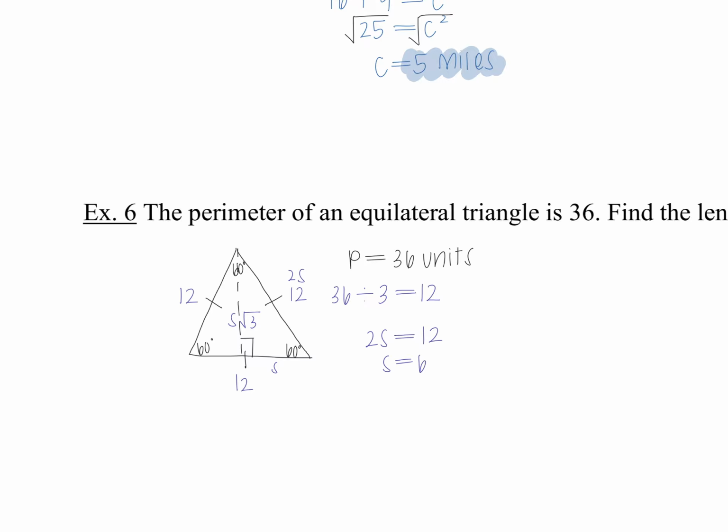And so for my altitude here, since s is 6, s root 3 is going to be equal to 6 root 3. And so my altitude has a length of 6 root 3 units.